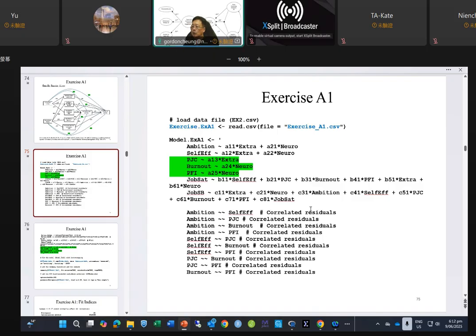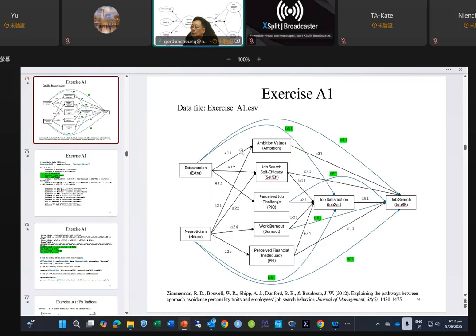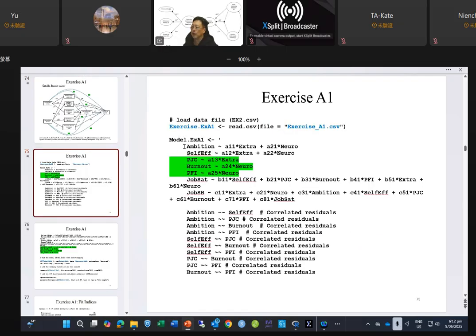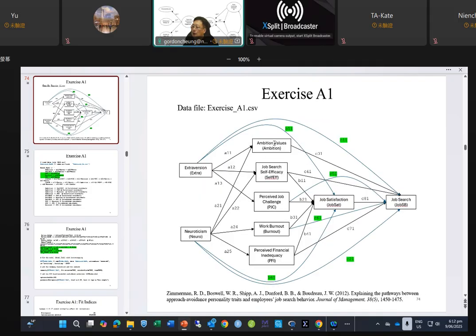Now, do you understand what I'm doing? For each endogenous variable, we have one line, one equation. So here we have 7 equations. Then the next step is to covary, because these 5 are parallel mediators.